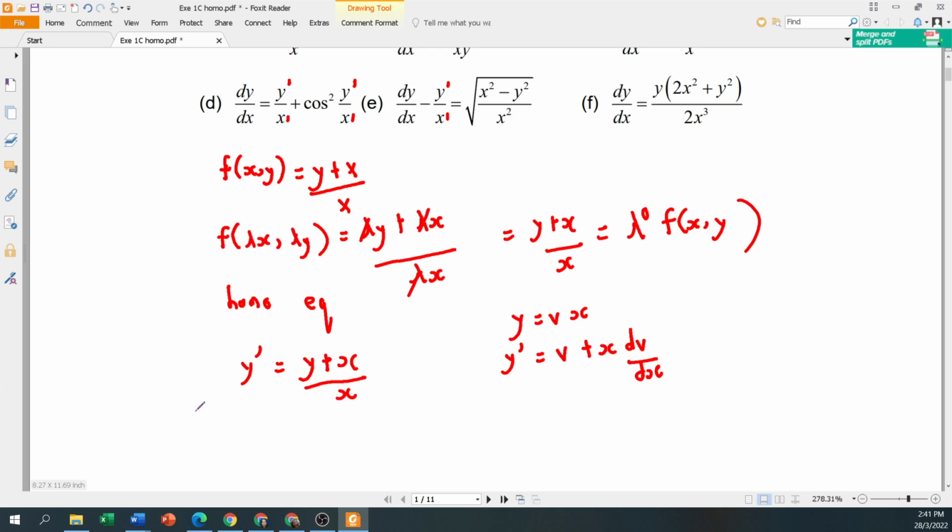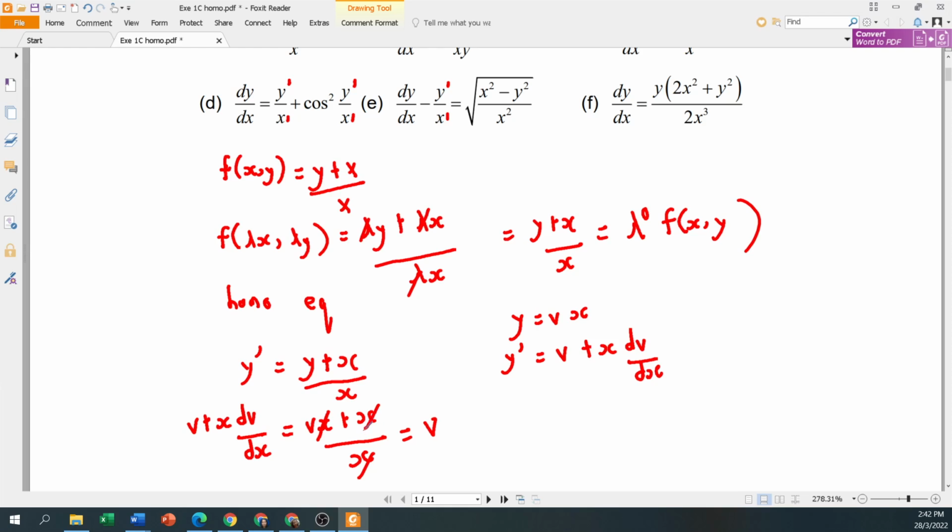So y prime is replaced by v plus x dv/dx, and y by vx. We can simplify x, x, x. When you cancel, some of you may make a careless mistake.